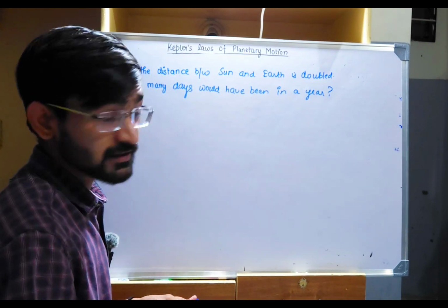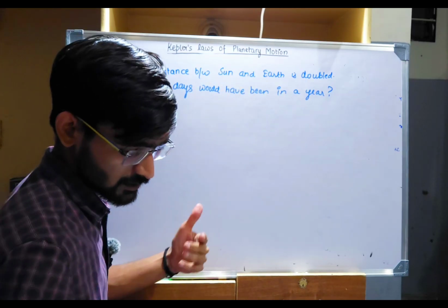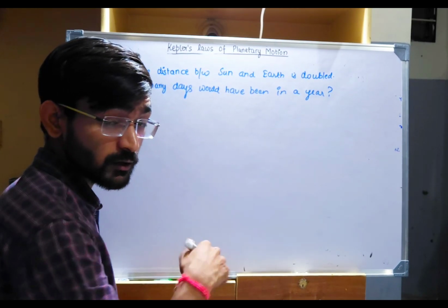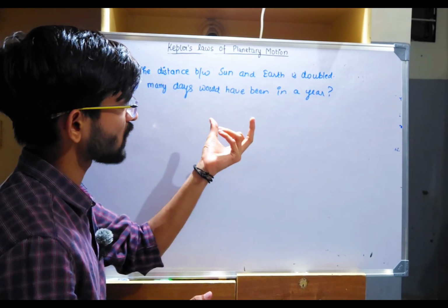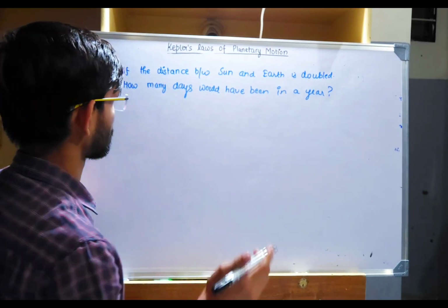If you increase the distance between earth and sun, in this case you are doubling the distance, then obviously the time taken by earth to complete one revolution around the sun will increase. So we have to find by how much the time period will increase.